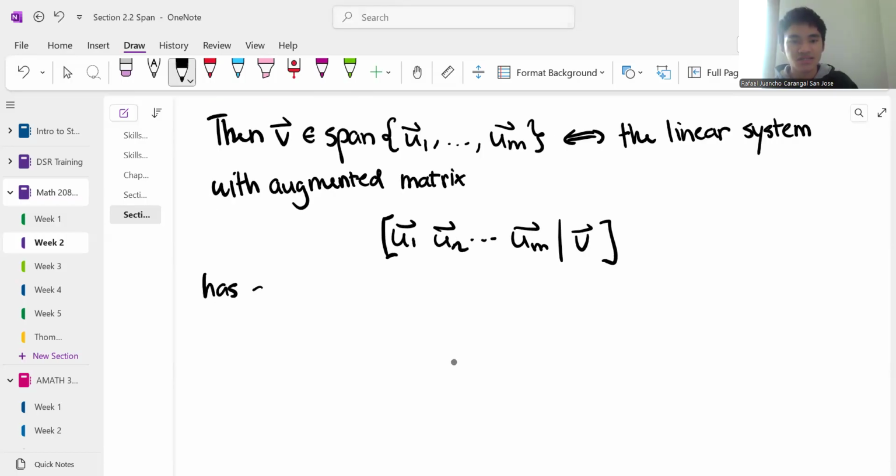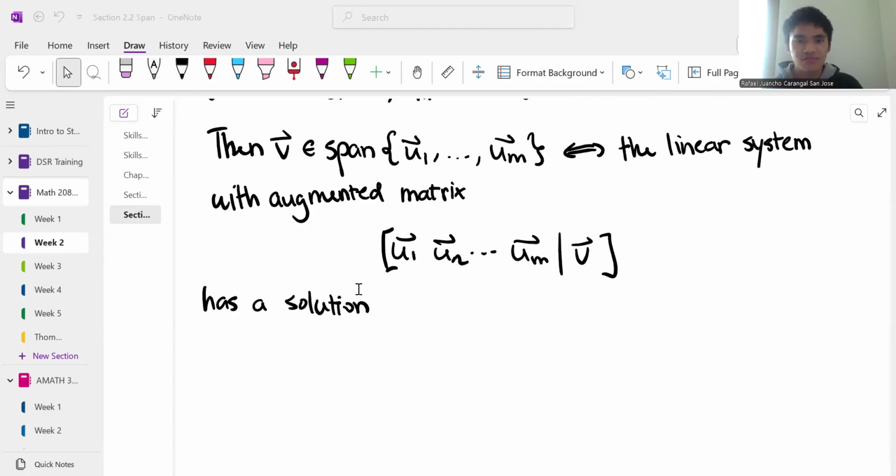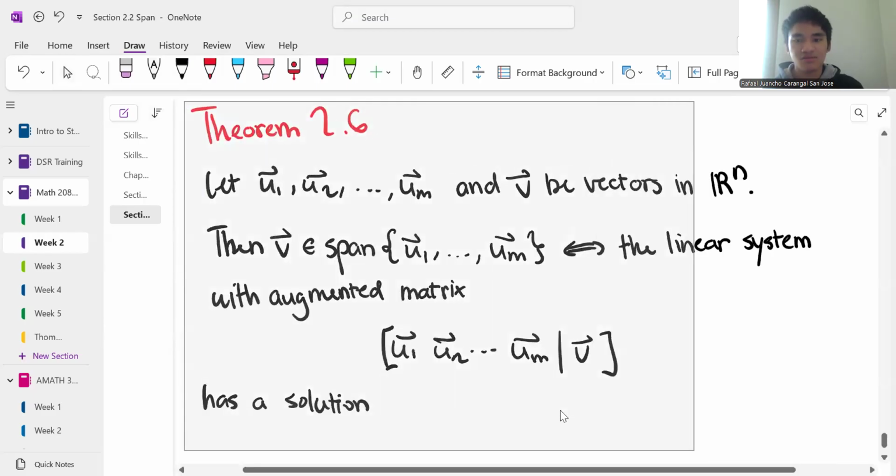The thing has a solution, right? So this is another way of saying we can write v as a linear combination of u sub 1 to m, because here it's an augmented matrix. And if we do row echelon form, we're going to see a solution, right? Okay, let's actually copy this.